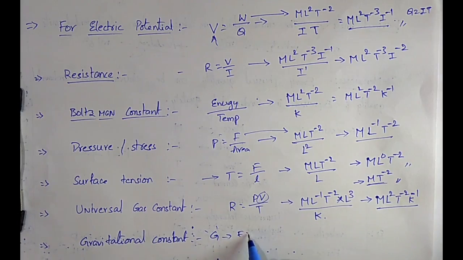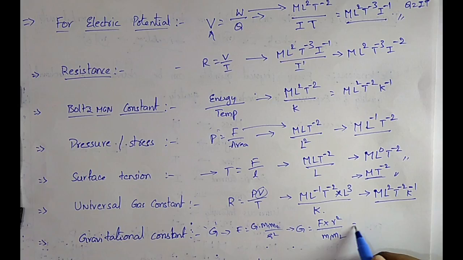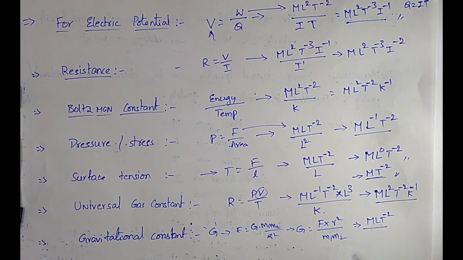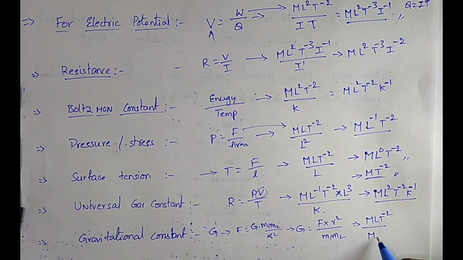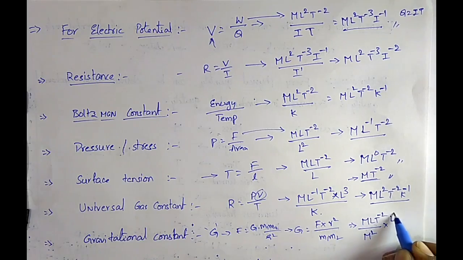We know that force equal to G into M1 M2 by R square. From this, G is equal to F into R square by M1 M2. We know that the dimensional formula for force is M L T power minus 2, divided by, for M1 and M2, the masses, M square, and for R, L square.